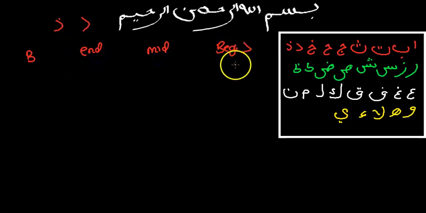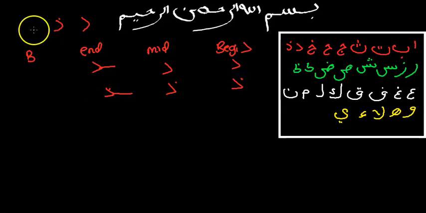When we say dalun, the beginning form is this, the middle form is this. At the middle of a word, it doesn't join with any letter. So the end form is this. Dalun, beginning form, middle form, and also end form.